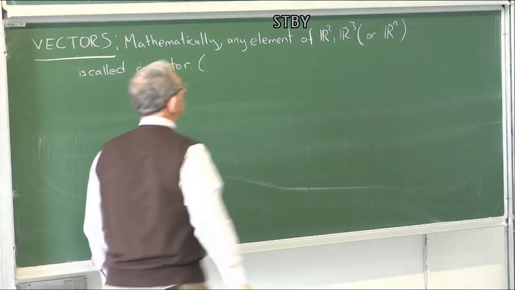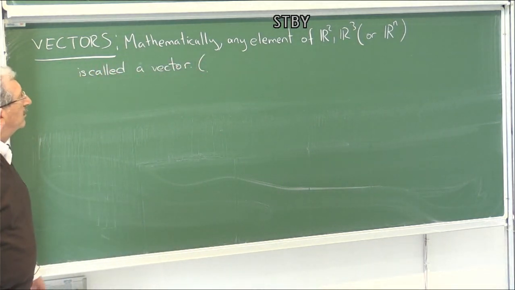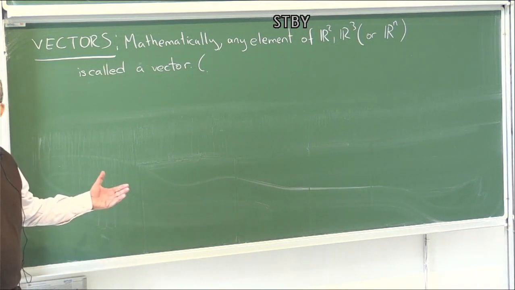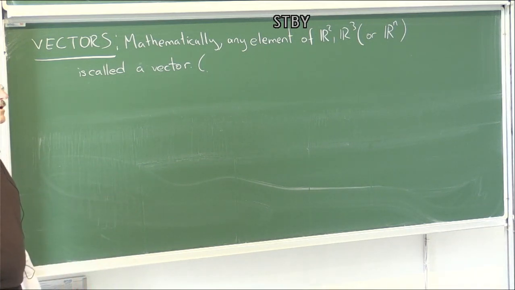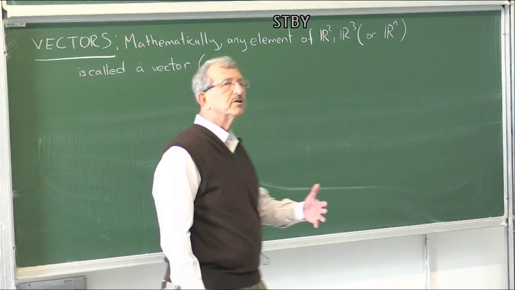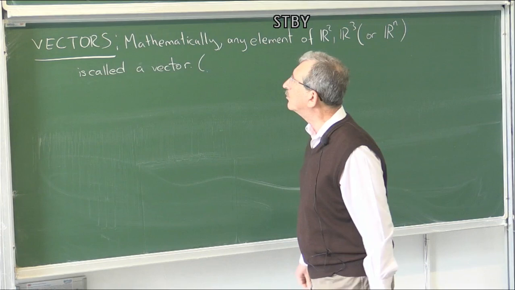In general, elements of R are also called vectors, but I will call them scalars here to distinguish them from the vectors that we will be using.